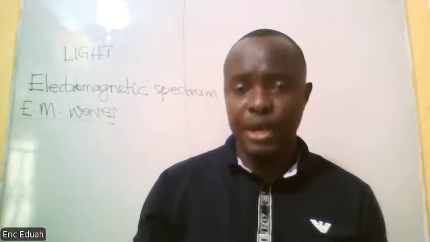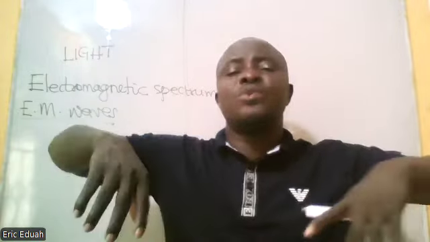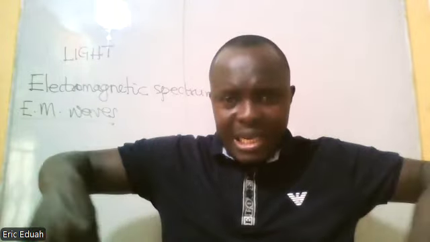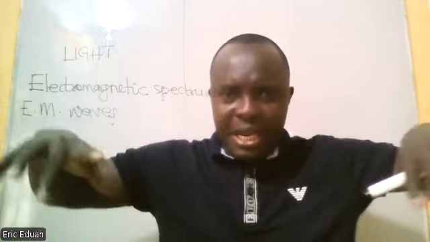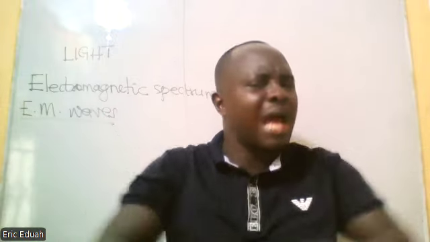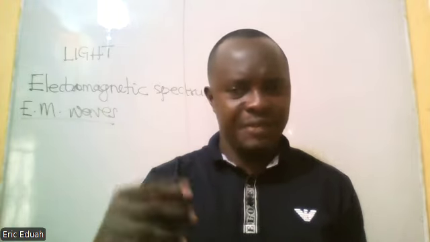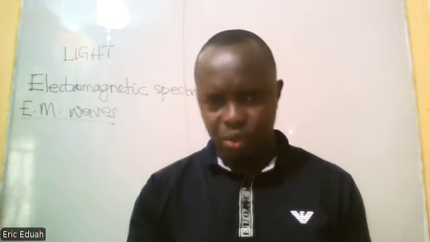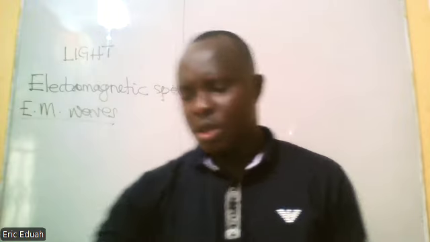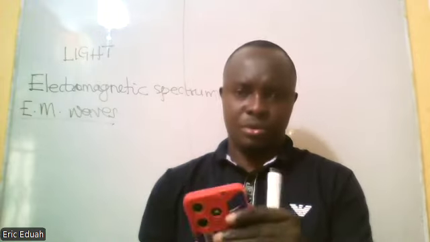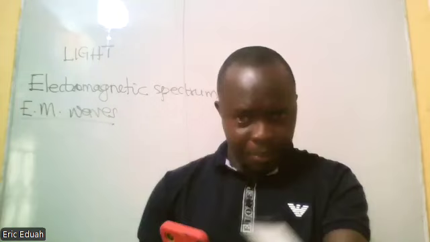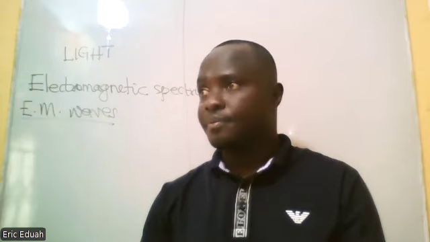When we talk about waves, in fact, we are actually in an ocean of waves, meaning we have waves all around us, because we apply waves in so many ways. Example, you pick your mobile phone, your laptop, as I'm communicating with you.